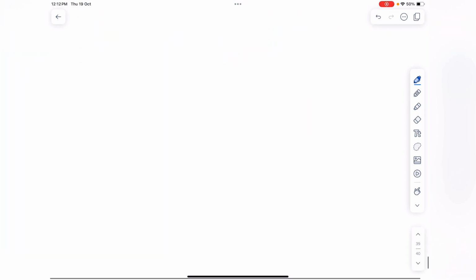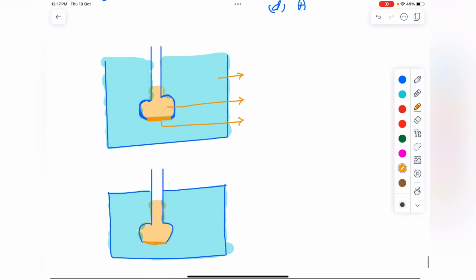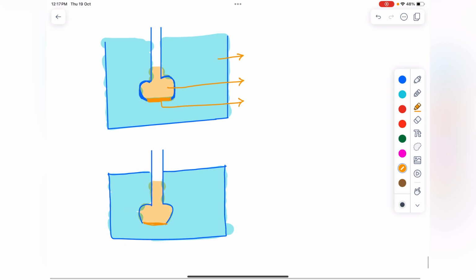Okay, we'll start now with another experiment where a solution of sucrose taken in a funnel is separated from pure water in a beaker by a selectively permeable membrane. Let's see the experiment. What happens in this?